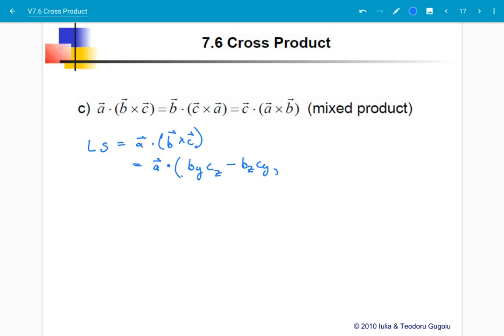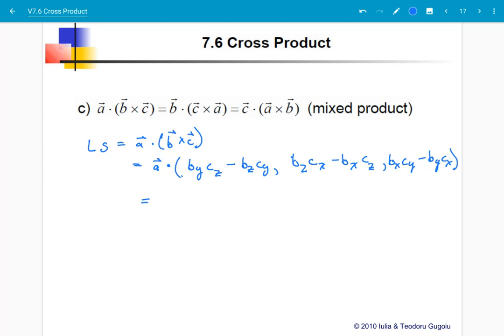And then the Y component is BZ CX minus BX CZ, and then the Z component is BX CY minus BY CX.